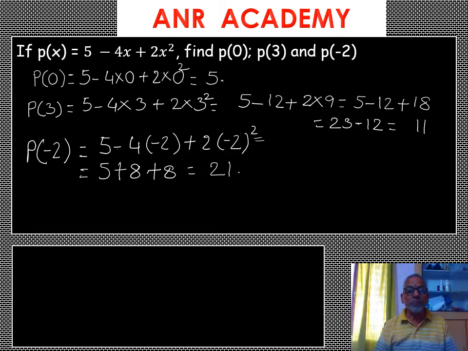So P of minus 2 is 21. I think you understood how to find the value of a given polynomial when the value of the variable is given. Clear? Now let us go to the next example.